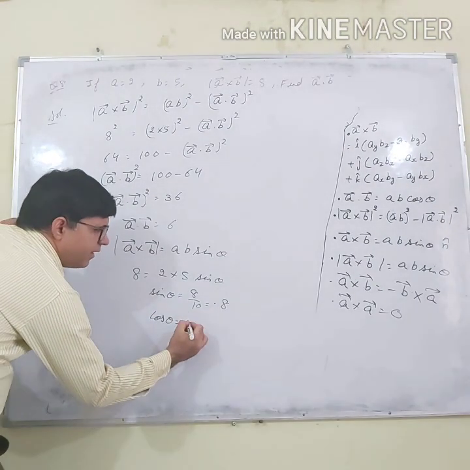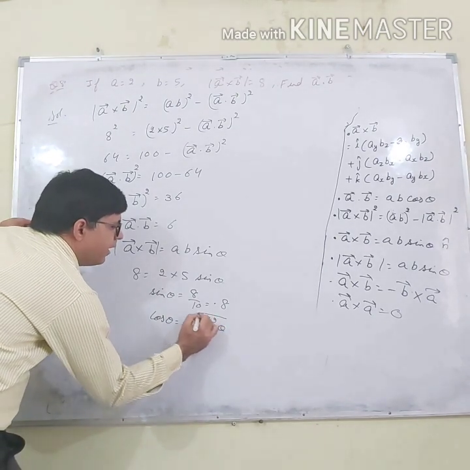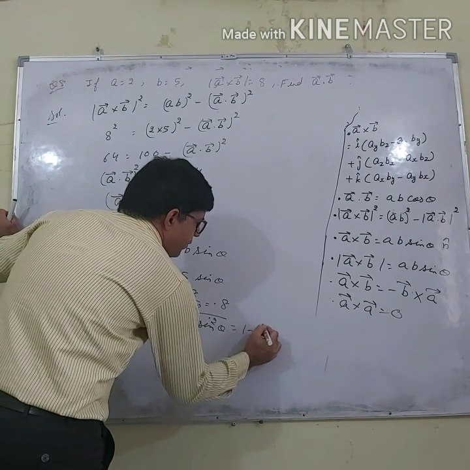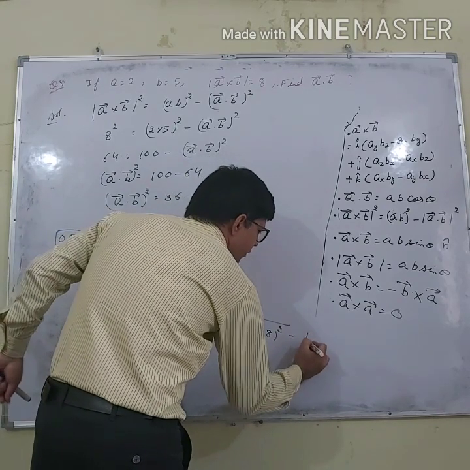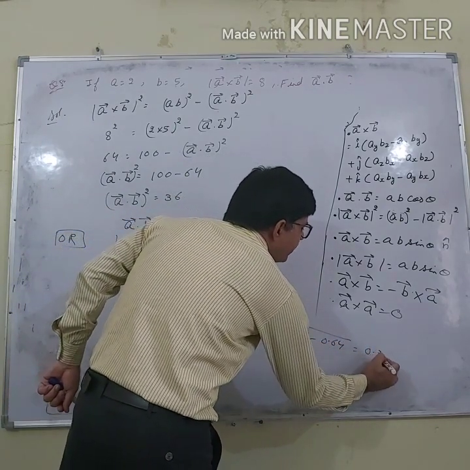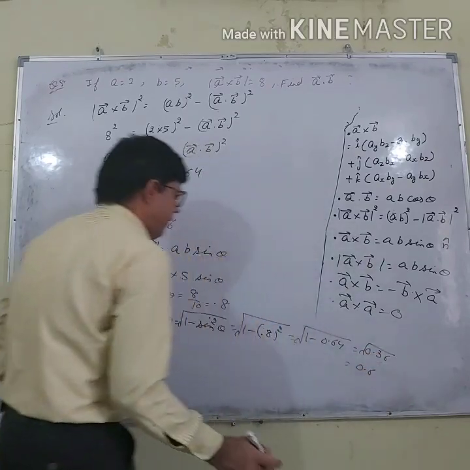Cos theta is the square root of 1 minus sin squared theta. What is 1 minus 0.8 squared? This is 1 minus 0.64. If you solve this, it is the root of 0.36, so this is 0.6.